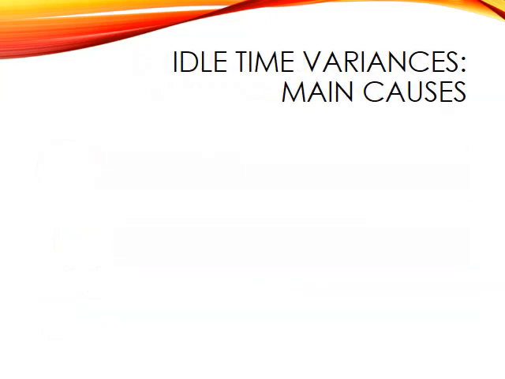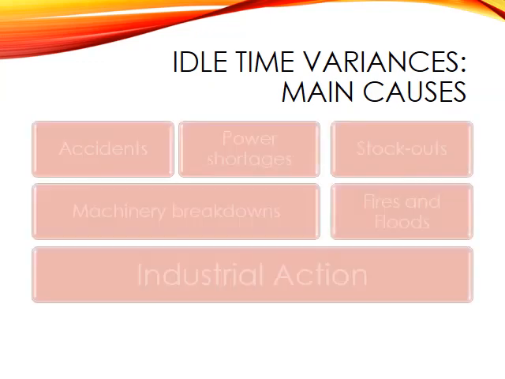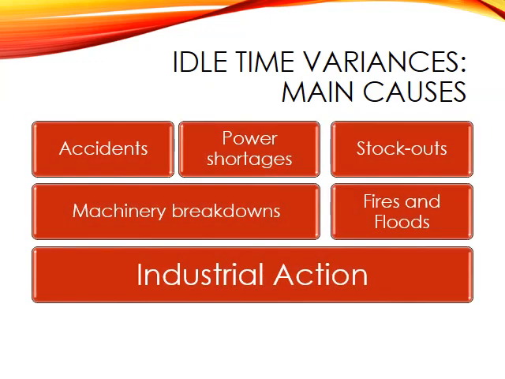Lastly, we've got our idle time variances. Here there are a variety of different reasons why a company might incur idle time. We might have accidents that happen that cause production lines to stop. Or there might be a power shortage, which will disrupt production.